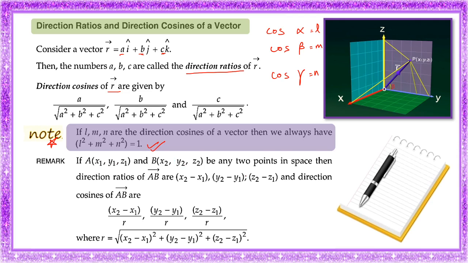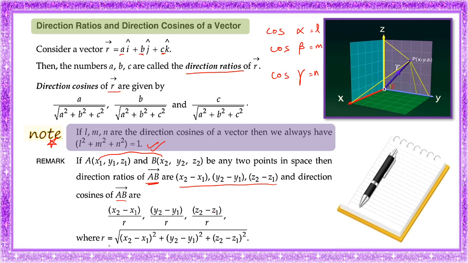If A and B are two points in space, then direction ratios of AB will be, we just have to subtract their x, y and z coordinates, meaning x2 minus x1, y2 minus y1 and z2 minus z1, and we will get direction ratios. And how would we get direction cosines of this vector AB? It will be x2 minus x1 upon r, y2 minus y1 upon r and z2 minus z1 upon r.